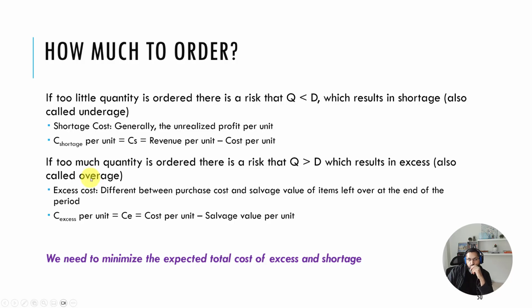So it's more like a continuous review or periodic review system where you can have sales over a longer time period, like the whole year. And so we don't study that. What we are studying here is the salvage value is so low that you're going to make a loss. The cost per unit will be higher. The cost of excess will be a positive number. You'll make a loss. It will be cost per unit minus the salvage value. So we need to minimize the expected total cost of excess and shortage.